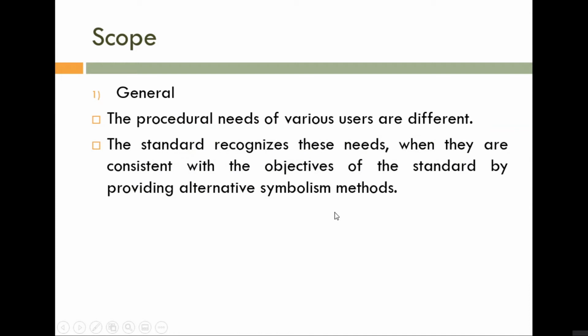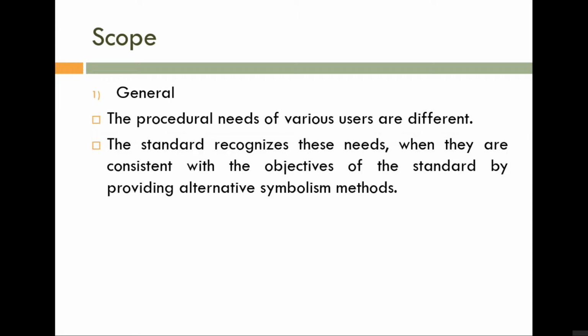So what is the scope of this ISA standard, or simply standard? Our requirement may be different. Our knowledge level may be different. If you are drawing a process, as you saw in the last class, then with respect to our knowledge we will try to draw the diagram. Somebody will use block diagram representation, somebody will use some graphical representation.